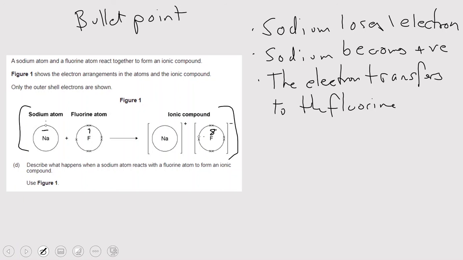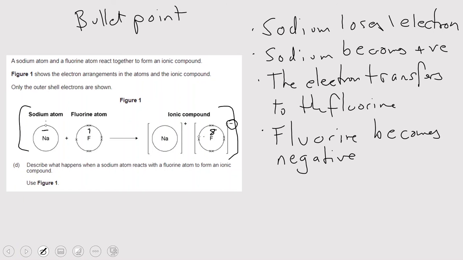So the electron transfers to the fluorine. Okay, so that's another mark. And then what happens to the fluorine if it's gaining an electron? What's happened to it here? It becomes negative. So the fluorine becomes negative.